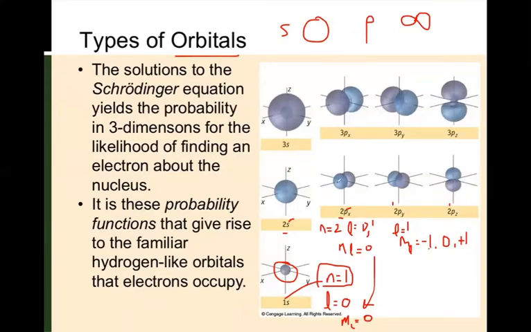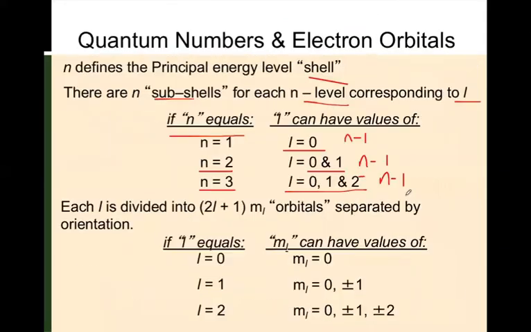So they're pointing at 90 degrees to each other, which means that they will have the minimum possible energy while still being orientated around the nucleus. The nucleus is taken as the 0, 0, 0 point on the XYZ axis. So each L is divided into 2L plus 1 ml orbitals separated by orientation.